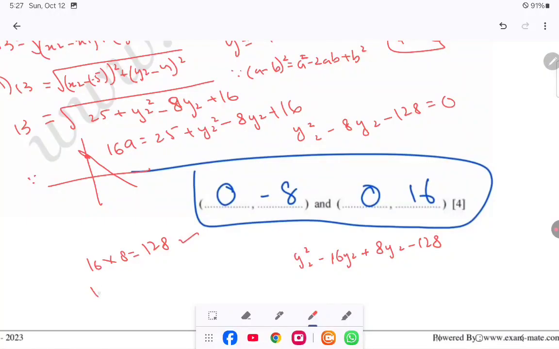And if we subtract negative of 16 plus 8, it will give the value of negative of 8, which is also correct for our coefficient of linear y.